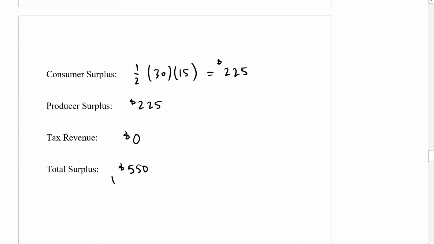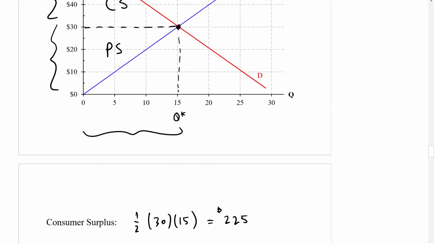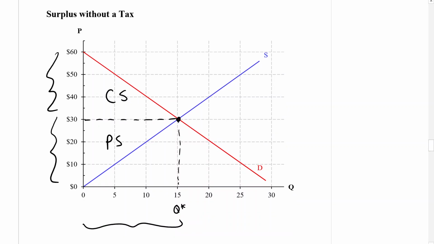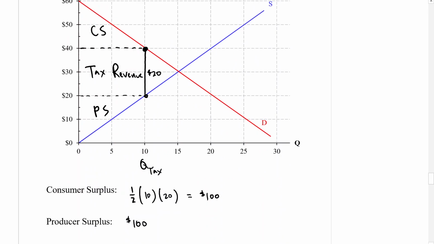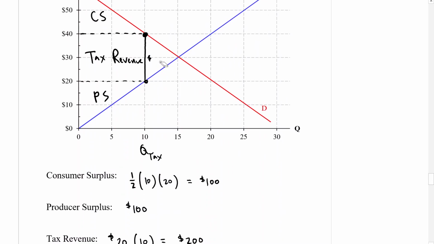Total surplus without a tax is 550 up here. It's the same market, there's no difference. So what happens with all the rest of that surplus? 550 versus 400, we're missing something here. That's going to be this area here. That's surplus that nobody is getting. That's what we call deadweight loss.